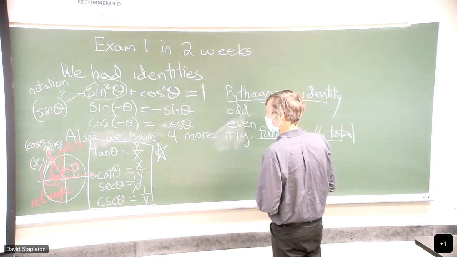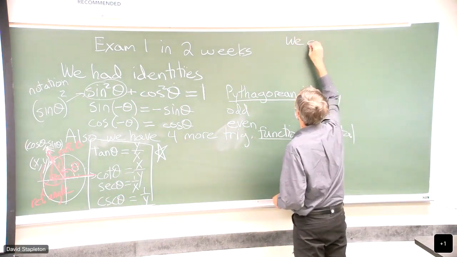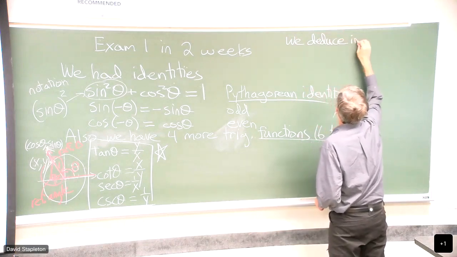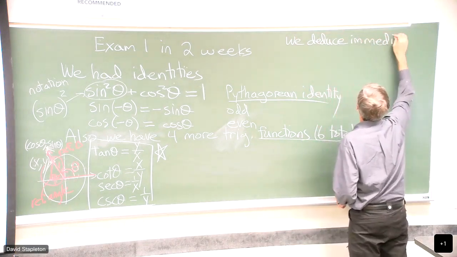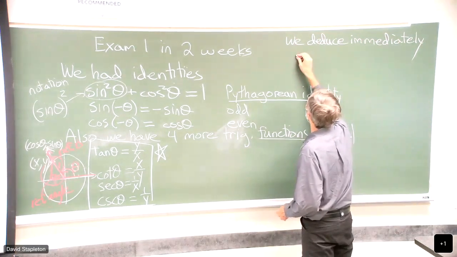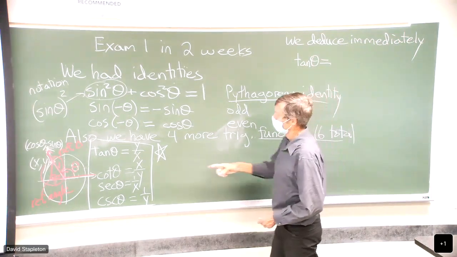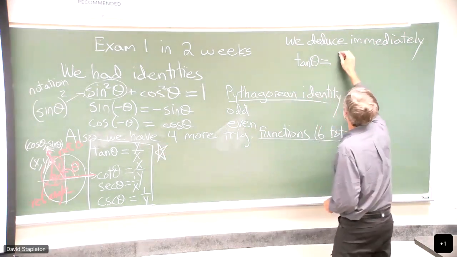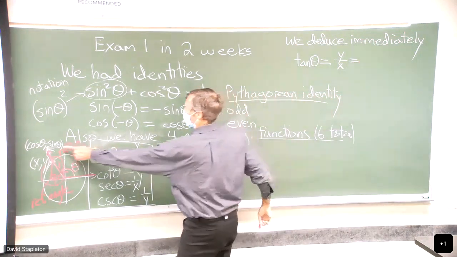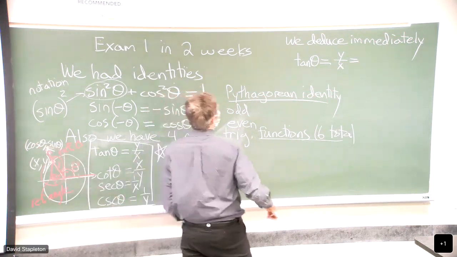All right, with those definitions, we deduce immediately some nice relations between these that will help us. That the tangent of any angle, being y over x, well, y was sine, right? We said x is cosine, y is sine. Those are the two we had before.